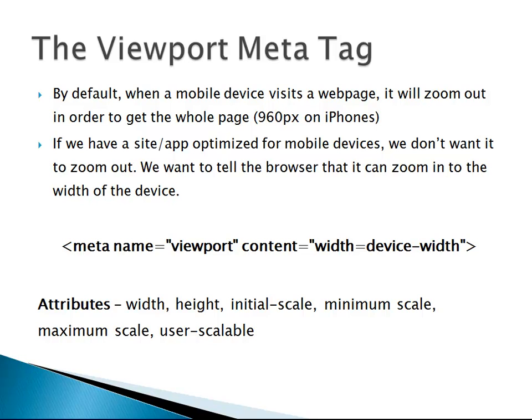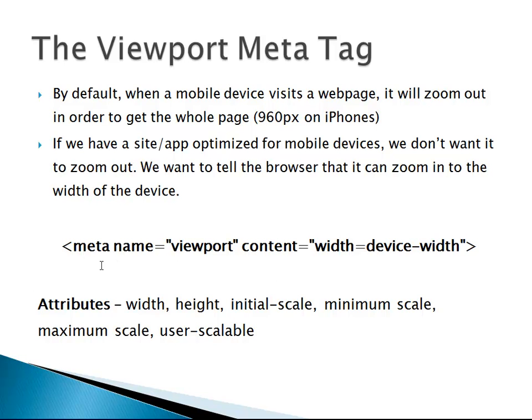Typically on most phones they'll zoom out to 960 pixels. But if we have a site that's optimized for mobile devices, we don't want it to zoom out, because obviously it was made for a mobile device, so it's made for that small screen. So we want to tell the browser that it can zoom in to the width of the device, and we can do that with this tag here.